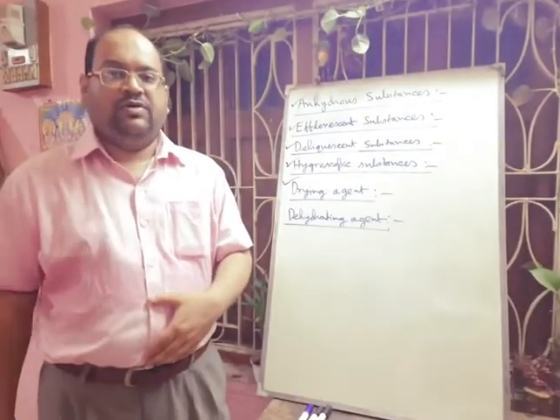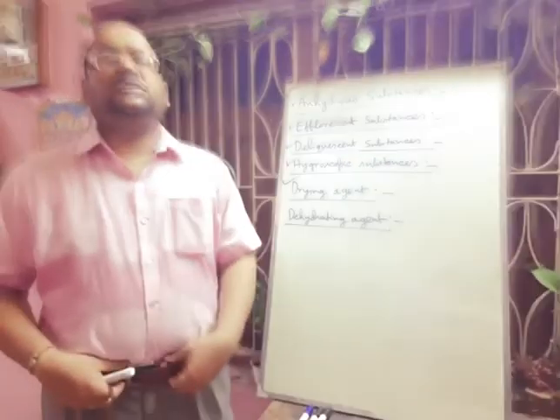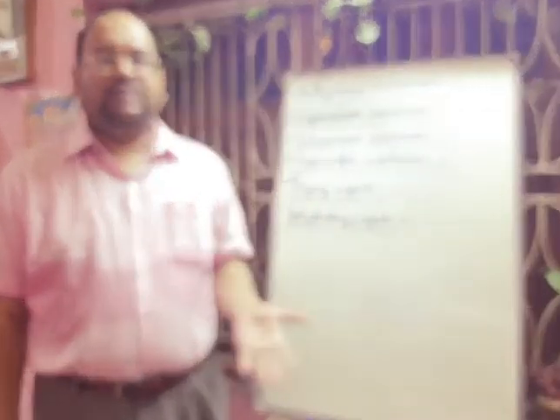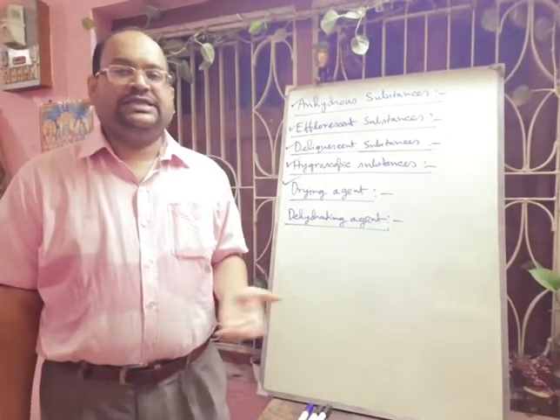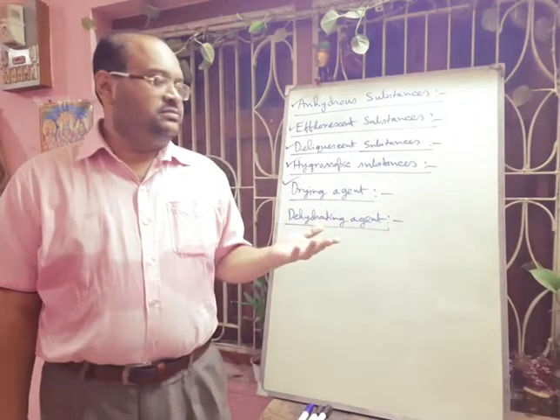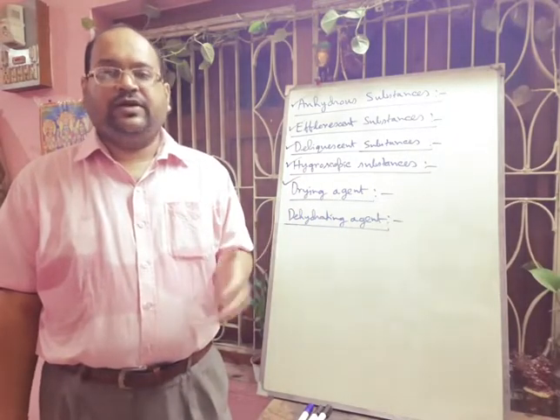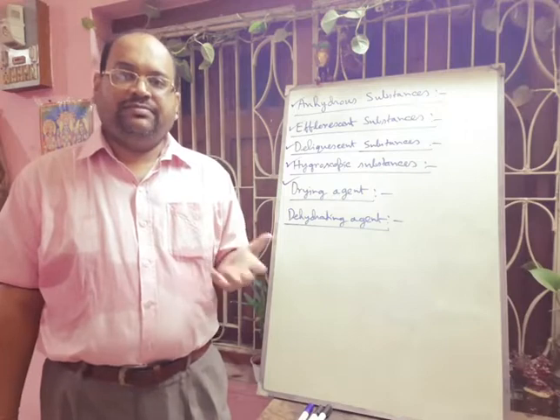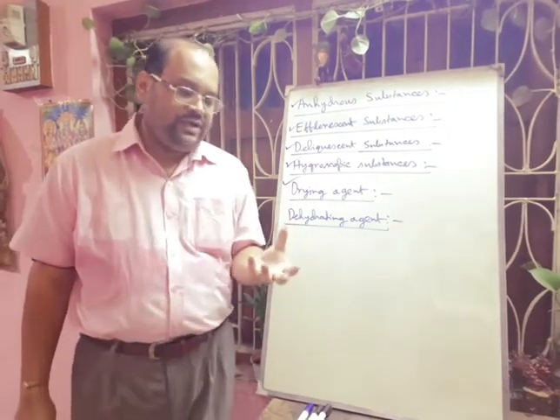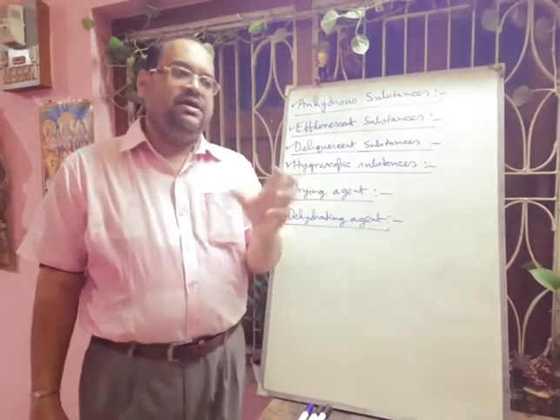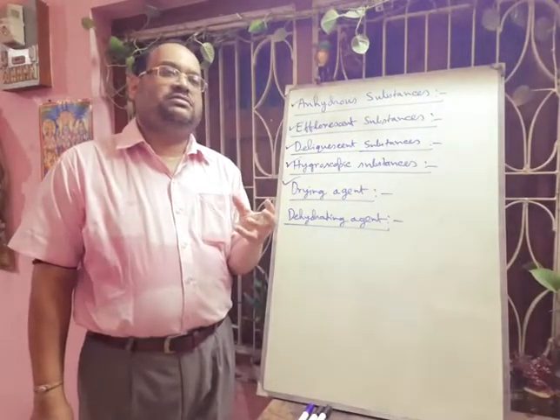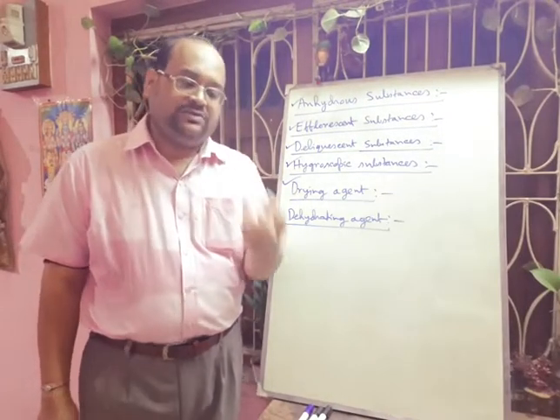Now whatever we have discussed, concentrated sulfuric acid, anhydrous calcium chloride, phosphorus pentoxide, quicklime, they can be used as desiccating agents. So we have to keep some substances, if any moisture is present, that substance will absorb that moisture.